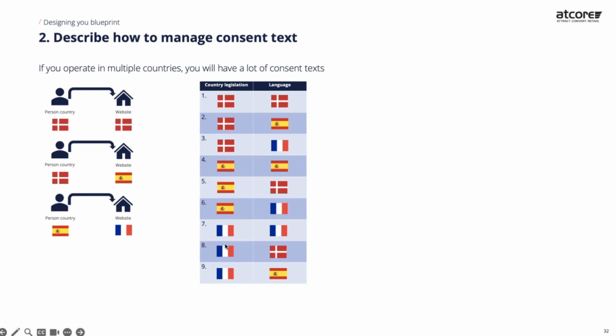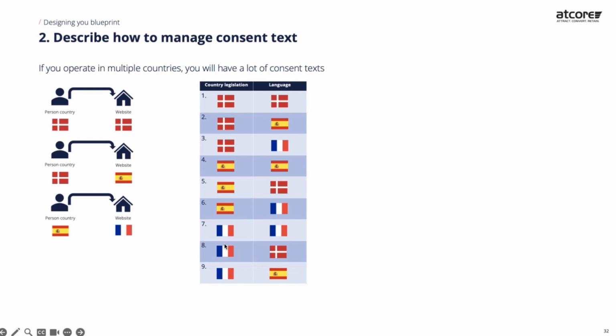So we need to be able to show the Danish consent text in both Danish, Spanish, and French, because we have a website that has a Danish domain, a Spanish domain, and a French domain. Then we also need to be able to display the Spanish legal text in Spanish, Danish, and French, and the same thing for French.